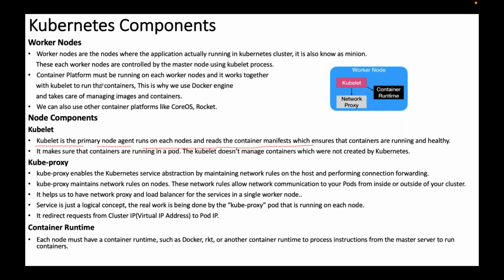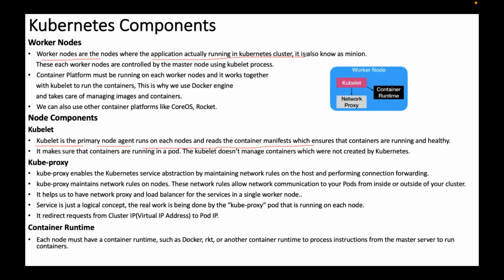Okay. So we have a master node, we have a worker node. Worker nodes are the nodes where the application is actually running in Kubernetes. By default, whatever containers we create will not be scheduled on the master in Kubernetes. So where will the applications run by default?